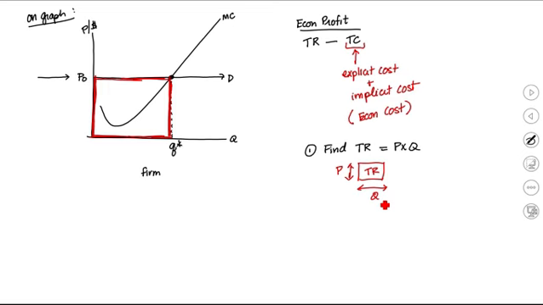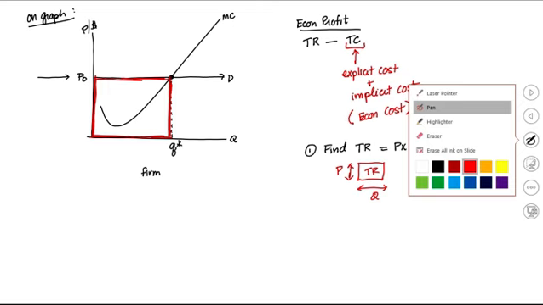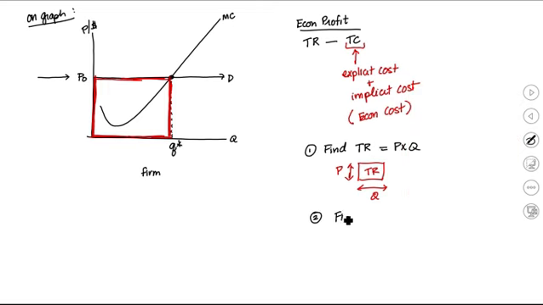Now, here's what we need to think about. We need next to find total cost. And I don't have a total cost curve, an average total cost curve, on here. We're going to add one, but here's what I want you to think about. We need total cost, which remember is average total cost times Q. We need a box that has a height of average total cost and a length of Q. We need that box to be exactly equal to revenue, right?